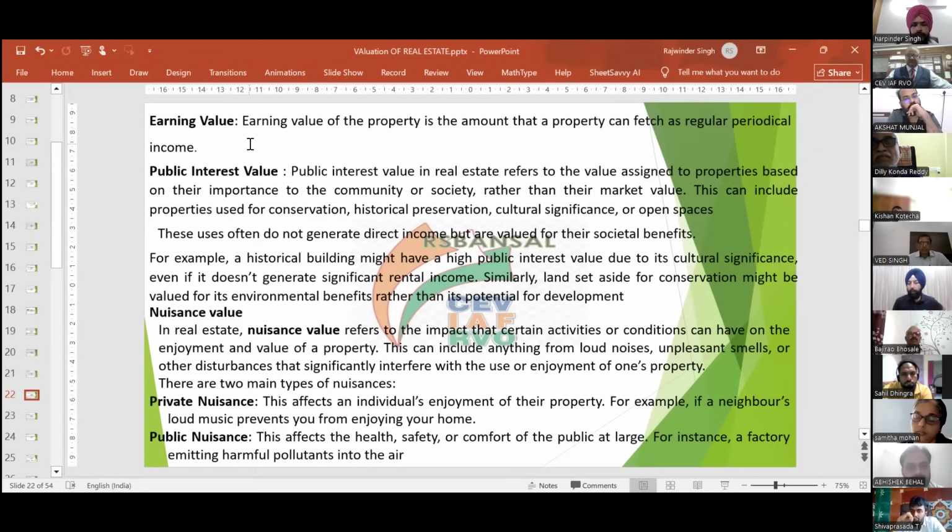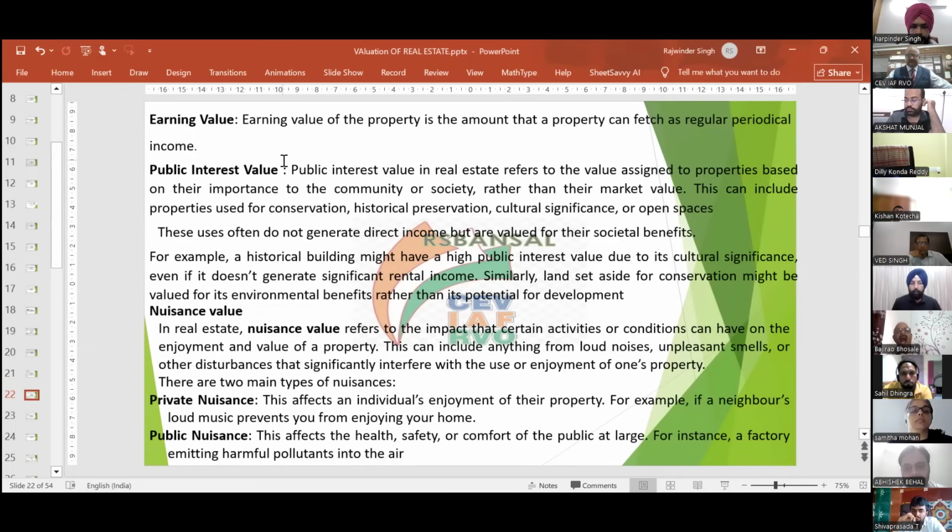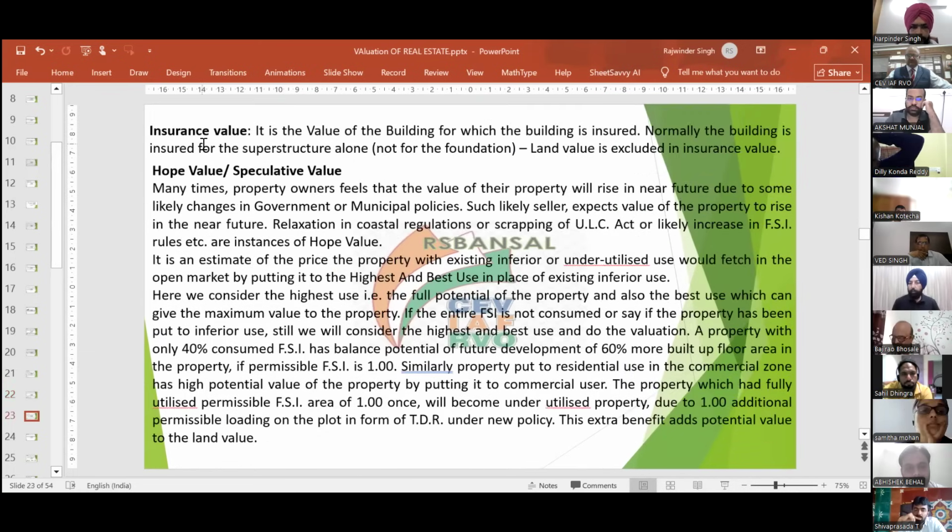So the value of those properties is called public interest value. Insurance value means value of the building for which the insurance is done, on the basis of which the premium is paid.